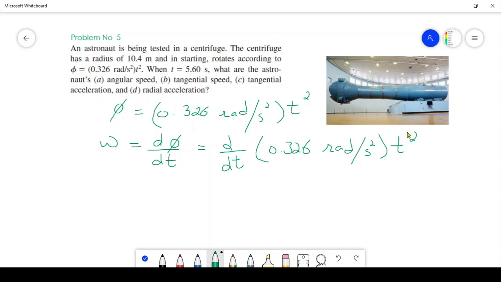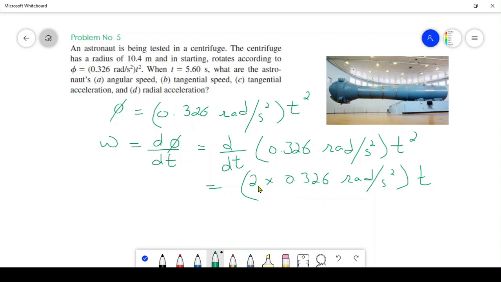We will take the derivative of this t squared, which would be equal to 2t, and if I multiply 2 by that relation, I would get 2 times 0.326 radians per second squared times t.